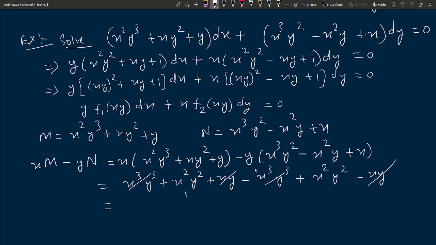You have x square y square plus x square y square, that is 2x square y square. Clearly this is non-zero, hence I have my integrating factor.